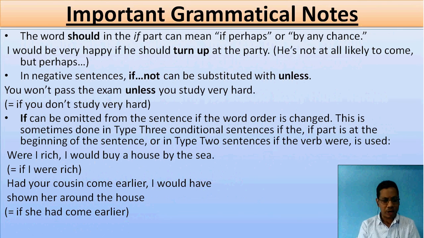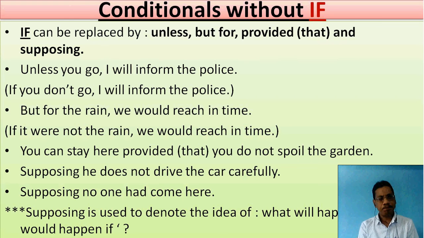That is, if I were rich. So if can be omitted sometimes. Had your cousin come earlier, I would have shown her around the house. That is, if she had come earlier. So likewise, if can be omitted sometimes.